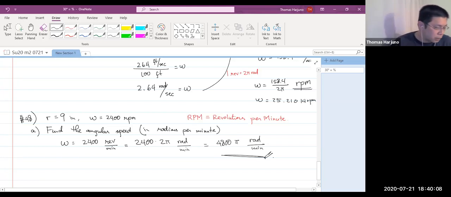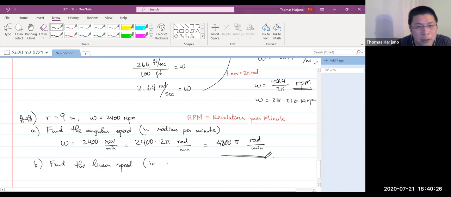Okay, and then part B, find the linear speed in feet per minute.